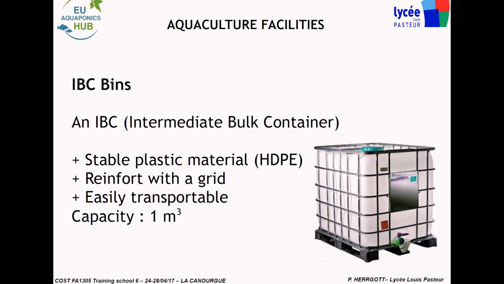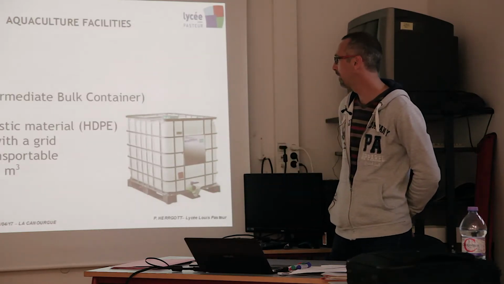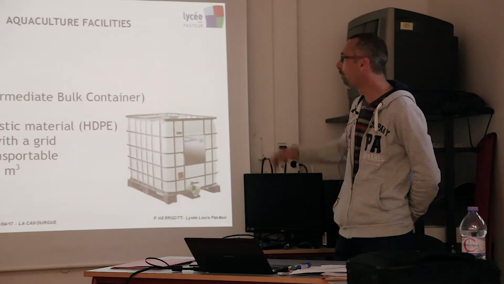At small unit, can use IBC bins, IBC for intermediate bulk container, which is good. For the plastic it uses high density polyethylene, not a bad plastic for stability.